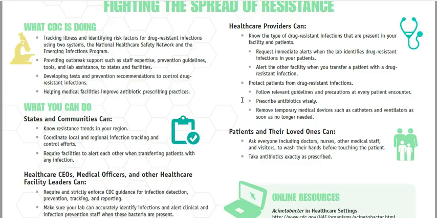Prescribe antibiotics wisely. Remove temporary medical devices such as catheters and ventilators as soon as no longer needed. Patients and their loved ones can ask everyone, including doctors, nurses, other medical staff, and visitors, to wash their hands before touching the patient. Take antibiotics exactly as prescribed.